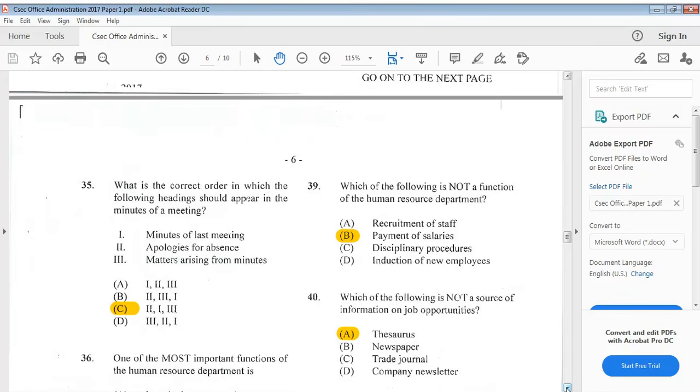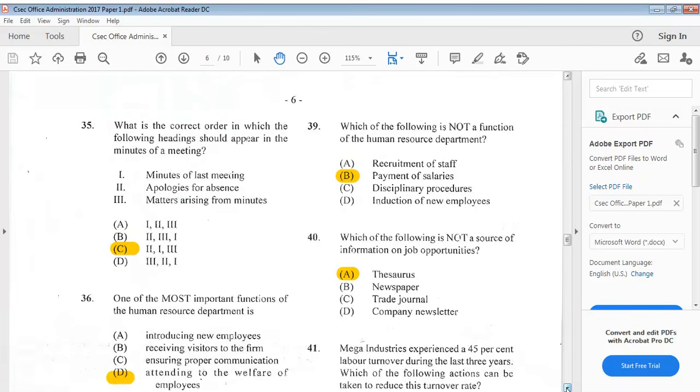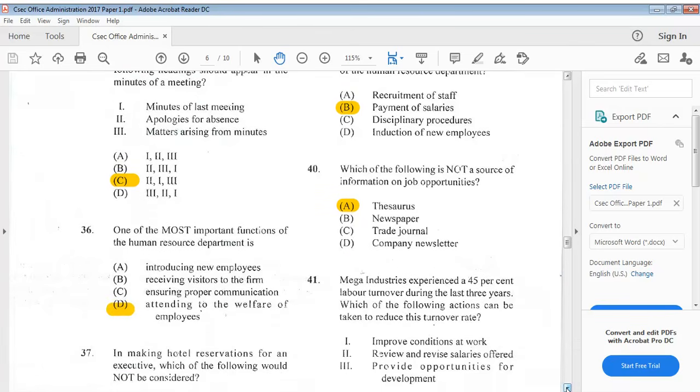Is it C, 2, 1, then 3, or is it D, 3, 2, 1? So the order in which it would appear, first we would have our apologies for absence, then we'll have our minutes of last meeting, and then we'd have matters arising from minutes. So our answer would be C. Let's go on to 36.